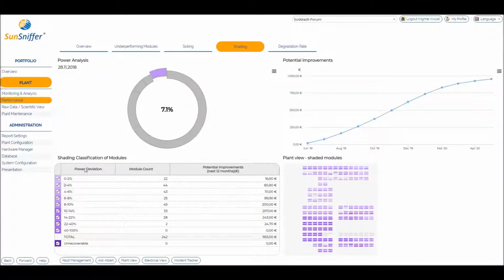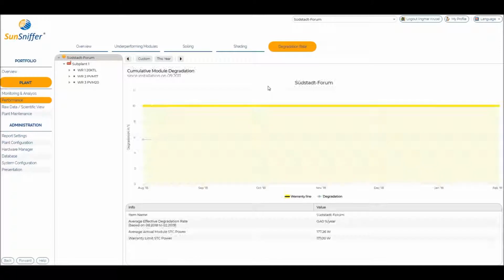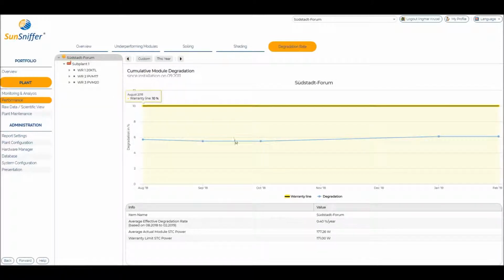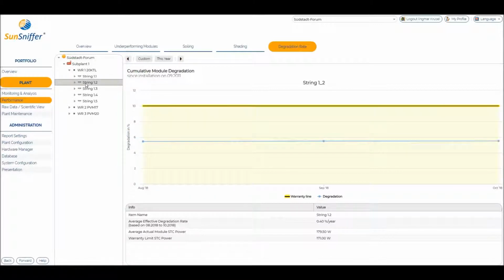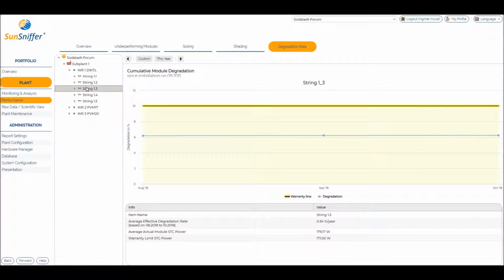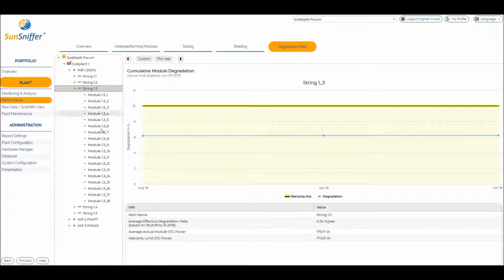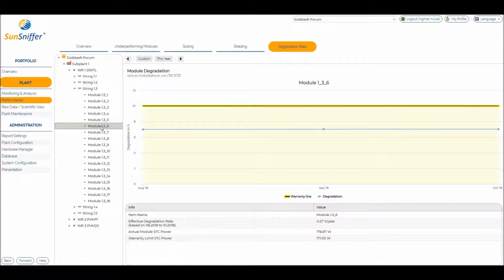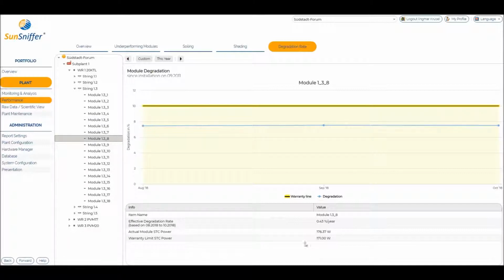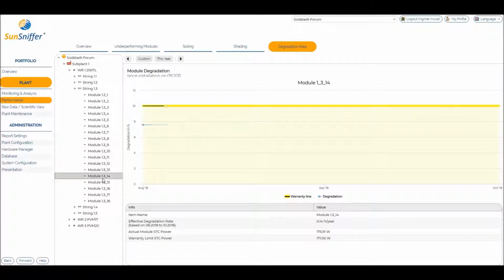Same for shading. We differentiate between recoverable and unrecoverable. And of course, we have the degradation for the whole plant, which for example is 0.4. It's quite high. You can see what the single strings have for degradation, and then click into the single modules, and as you can see here, this is 0.43.